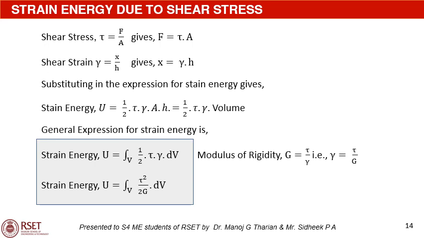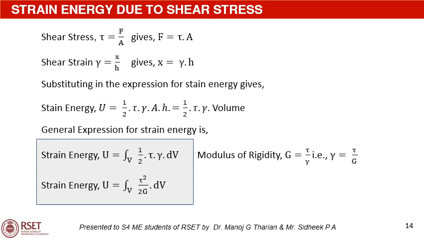A into H will give the volume of the block. So strain energy U is equal to half into tau into gamma into volume. This general expression for strain energy in the case of a shear stress is given by strain energy U is equal to integral over the volume V half tau gamma dV.